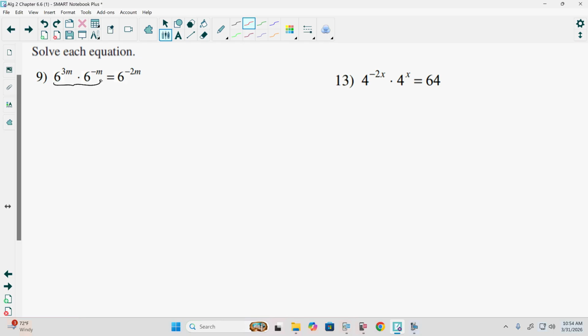When I multiply like bases, we add the exponents. So 6 to the 3m times 6 to the negative m is the same as 6 to the 3m plus negative m. When we multiply like bases, we can add the exponents.